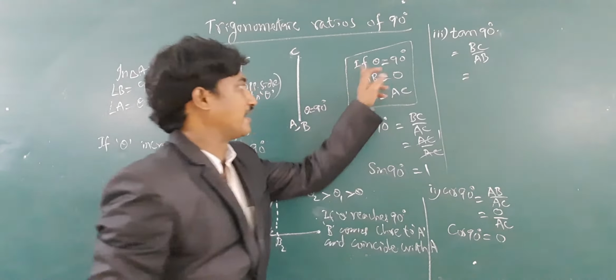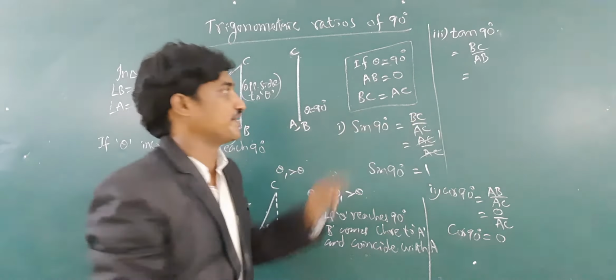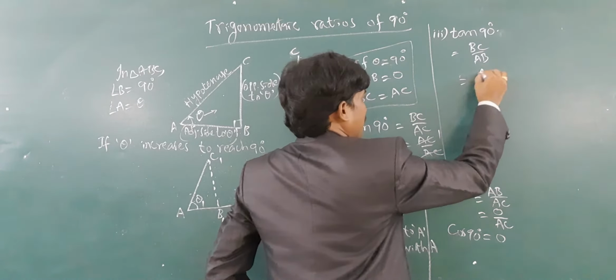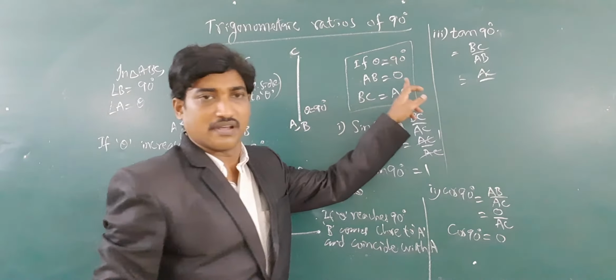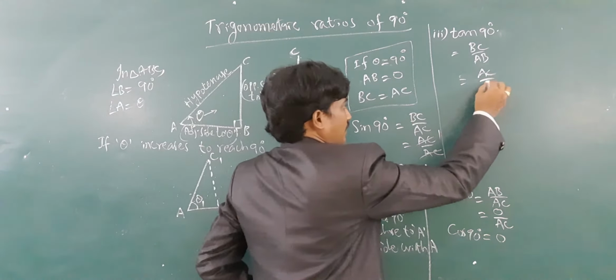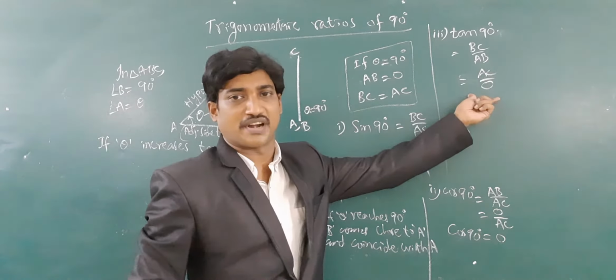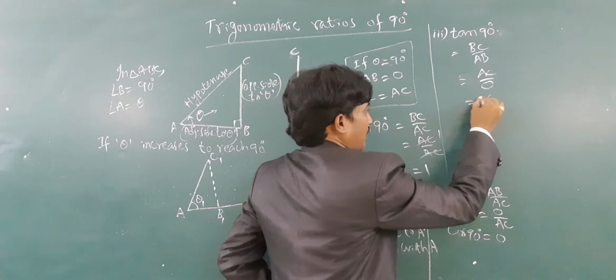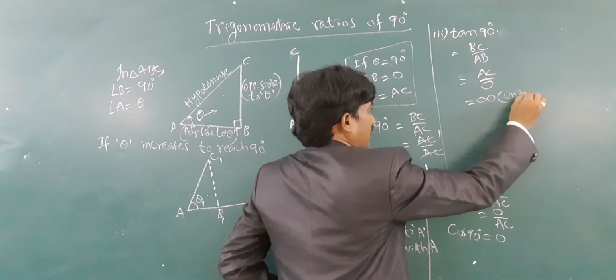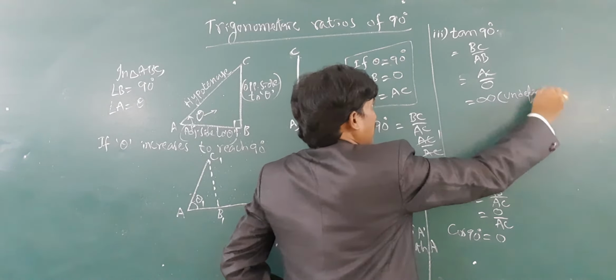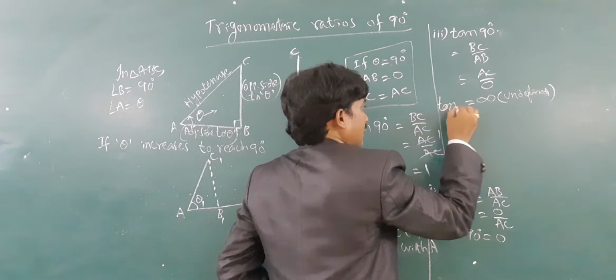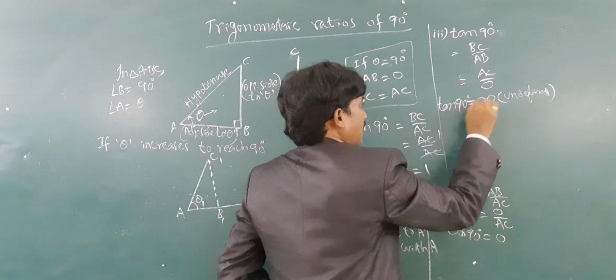When theta is 90 degree, BC equals AC, so AC by AB equals AC by 0. Division by 0 is undefined, so I am writing infinite, undefined. So tan 90 degree is undefined.